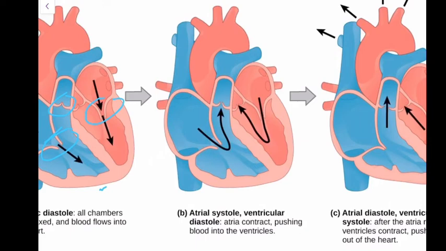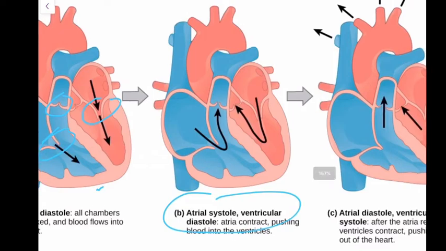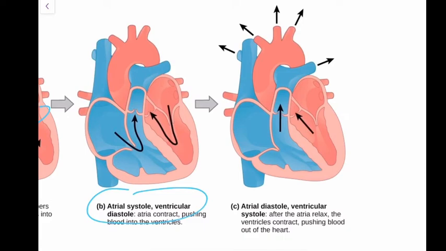Now the ventricles are filled with blood and the ventricular pressure is high. So at this moment the AV valves close and the ventricles start contracting, and we call it ventricular systole.